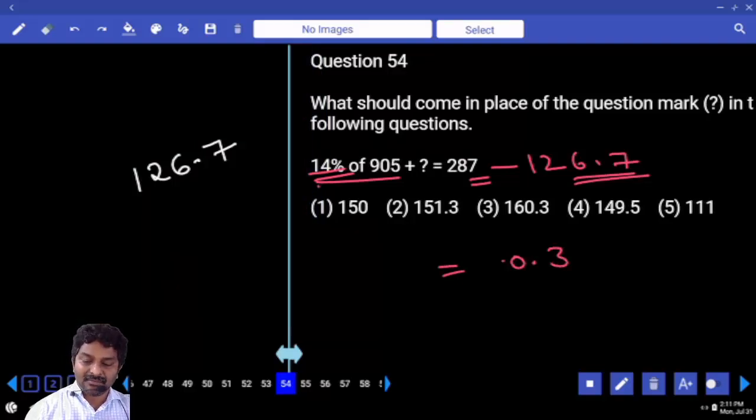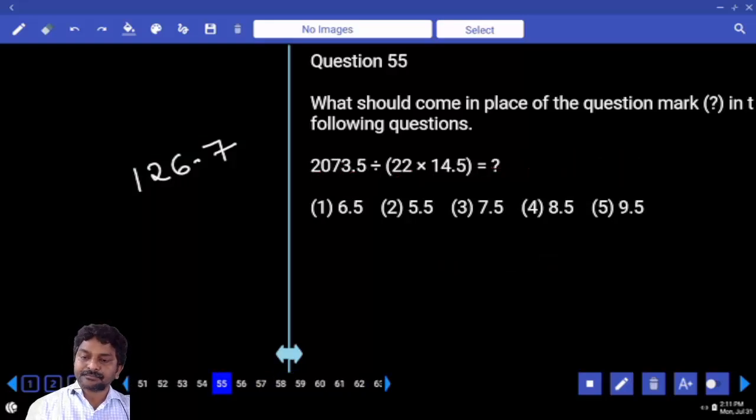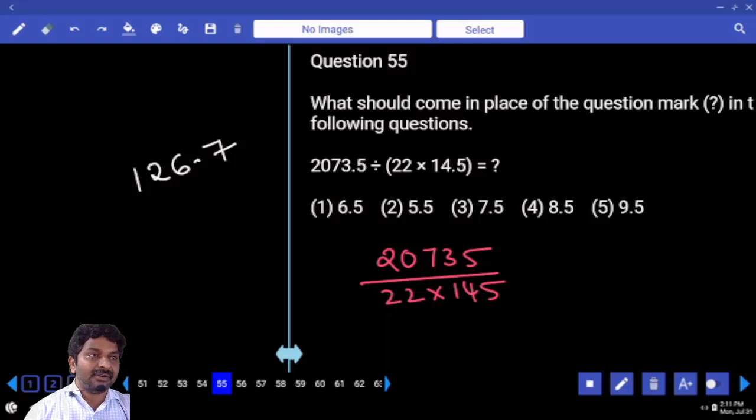How many? Only 1. Can I rewrite it as 20735 divided by 22 into 145? Can we do that? Because there is only one digit in numerator and denominator after the decimal. Right. So now, first let me cancel it with 11 2 times, 11 once, 8 times, 93 again 8 times, and then 5 times.